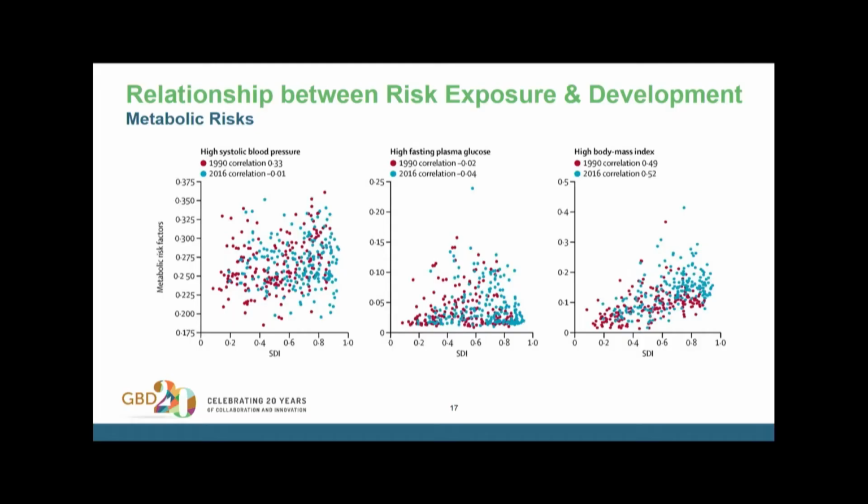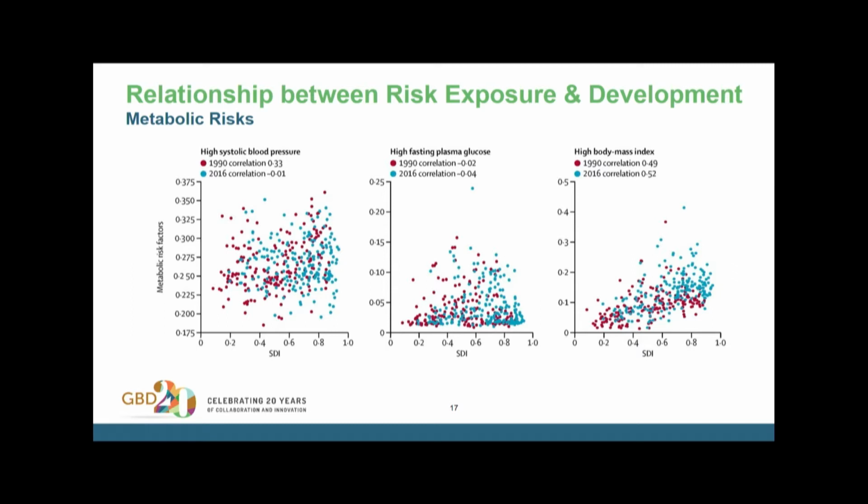In this round of GBD, we also evaluated the relationship between risk exposure and development. As you know, development in GBD was assessed by SDI, Socio-Demographic Index. Here it's represented on the x-axis, and the y-axis shows the risk exposure, which is measured by SEV, or summary exposure variable, which is a risk-weighted exposure.